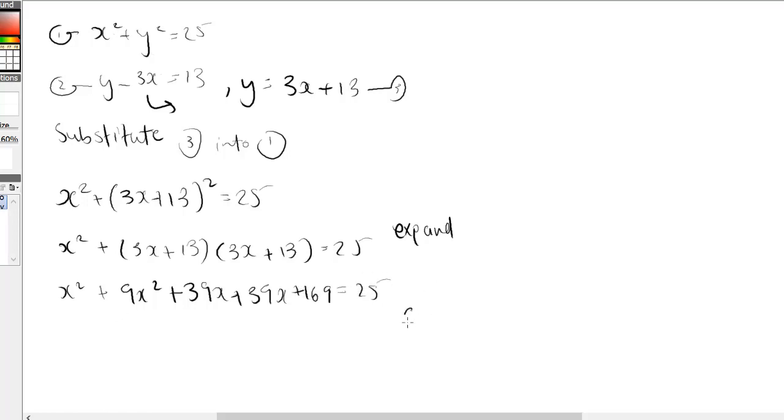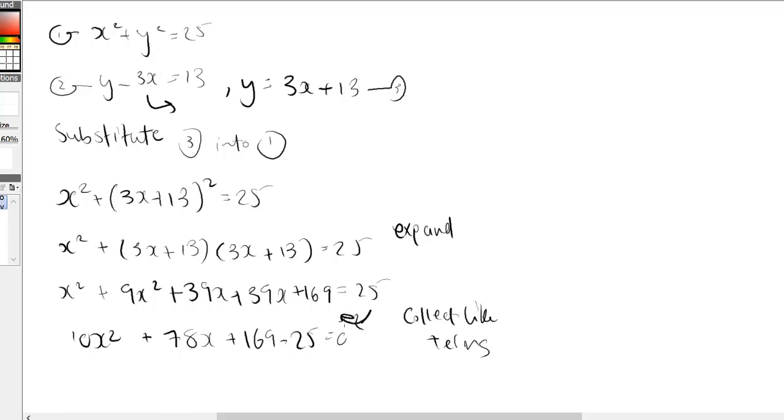Now I can collect like terms. So 10x squared from these two, plus 78x plus 169 minus 25 equals 0, because I've brought this to the other side, so it's a negative, minus 25. So 10x squared plus 78x plus 144 equals 0.